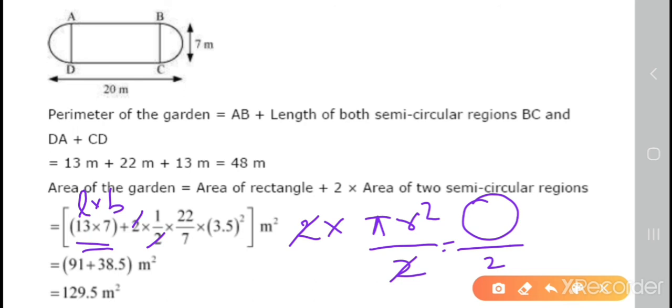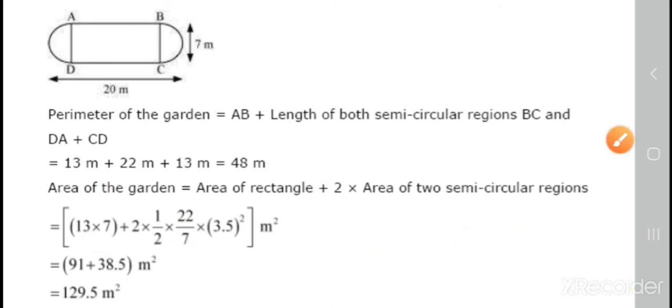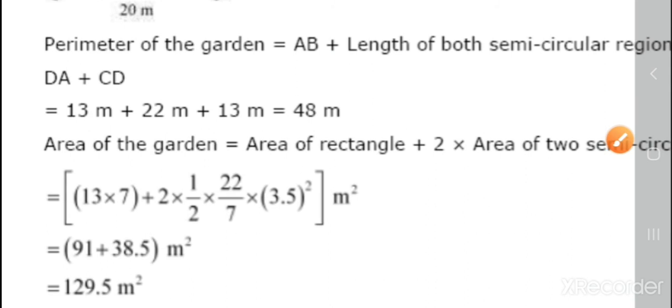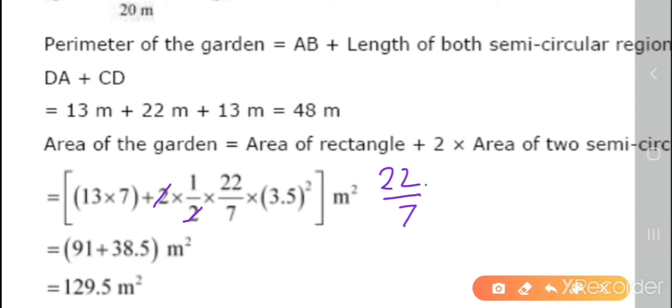Now the rest which we are having is pi r square. Pi value I am giving as 22 by 7 and r square, that is 3.5 whole square. So when you are doing this, once more, okay, now you cancelled this and this. Now the rest. So this one you can write as 22 by 7 into 3.5 into 3.5. Like this you can do.